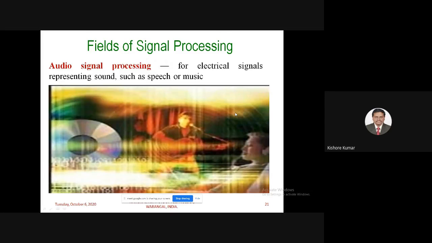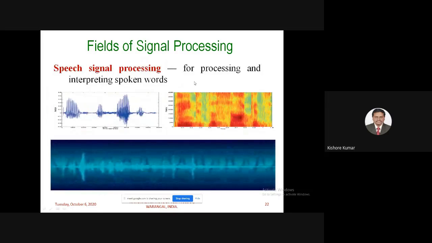The second one is audio signal processing, where for electrical signals representing sound such as speech or music, I can use audio signal processing. The third one is speech signal processing, for processing and interpreting spoken words.